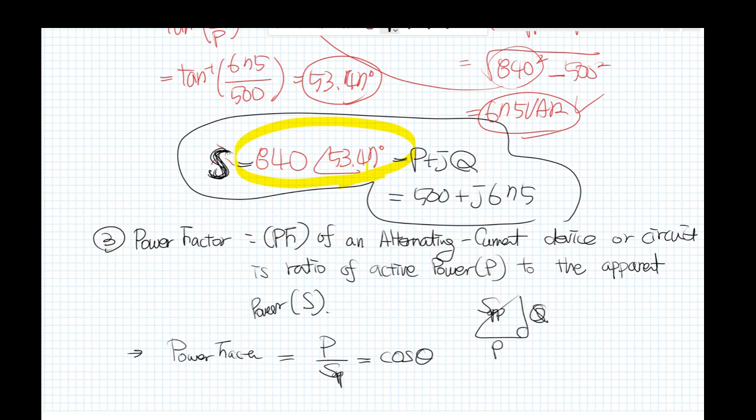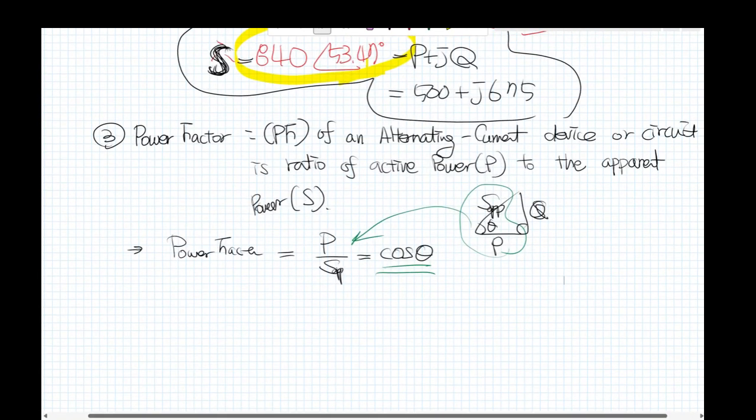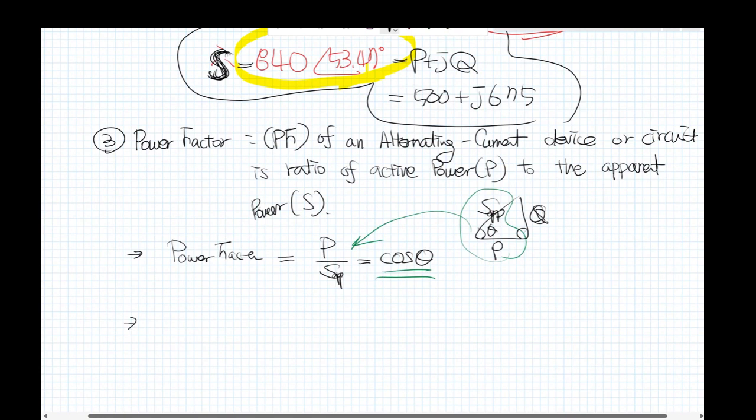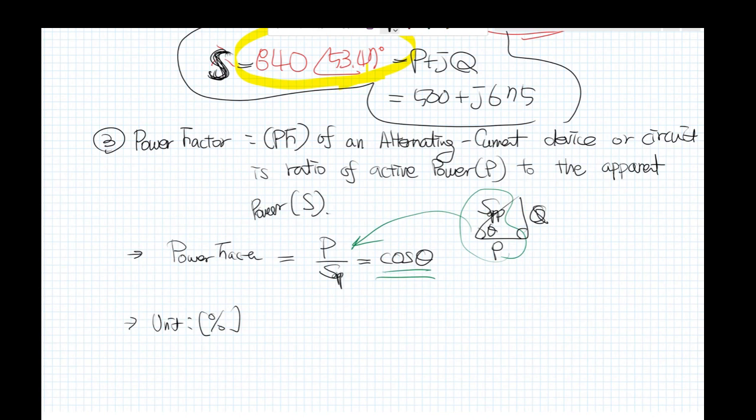So like this one here, this is the cosine theta. And also the unit is usually the percentage.